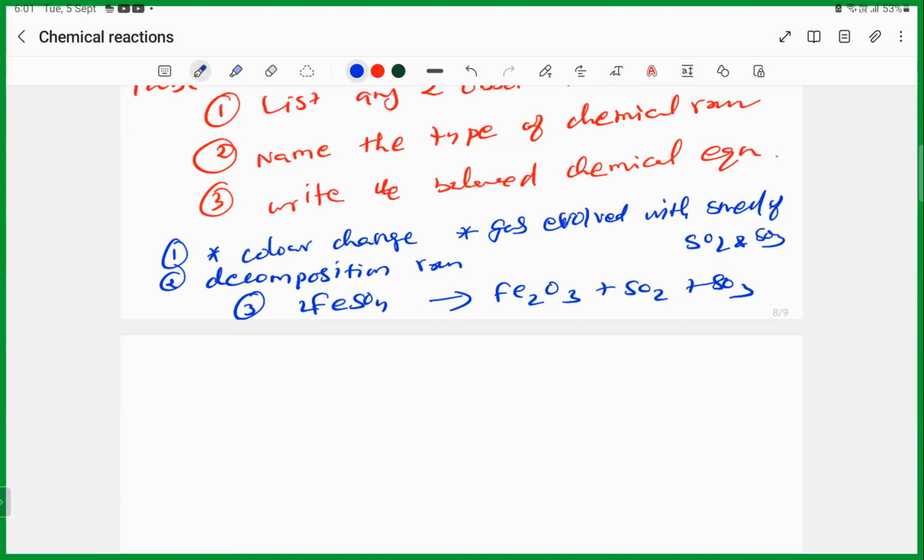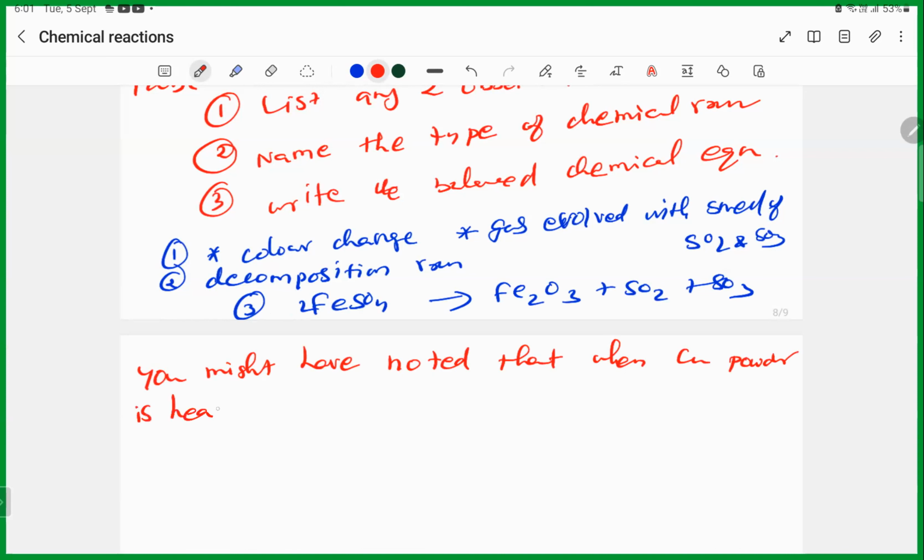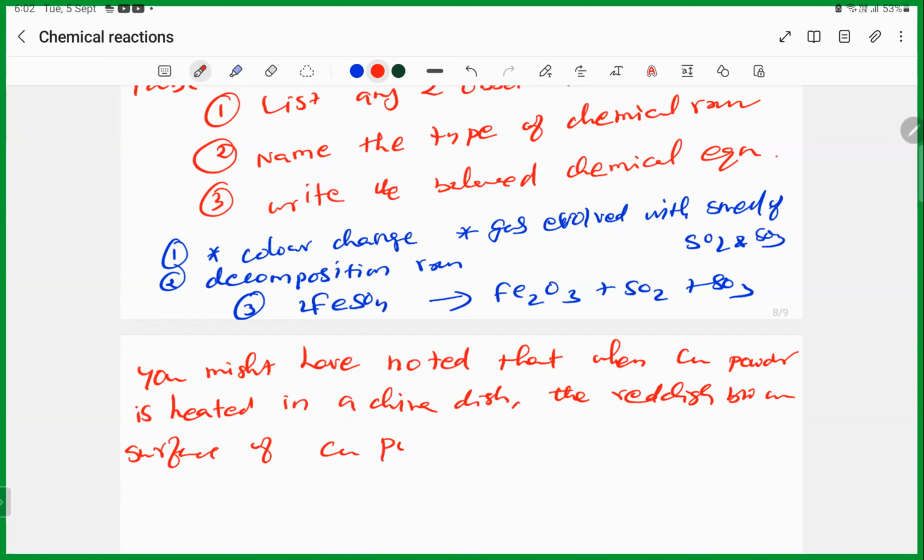Next, a similar question. You might have noted that when copper powder is heated in a china dish, the reddish brown surface of copper powder becomes coated with a black substance.